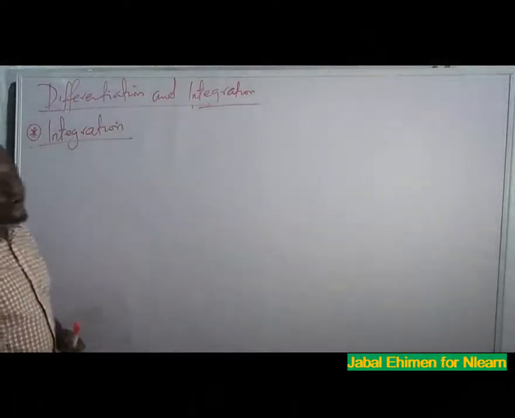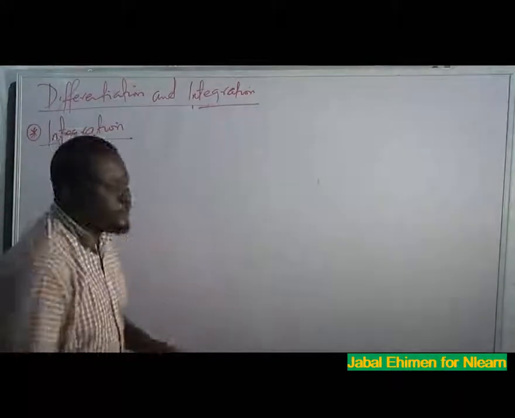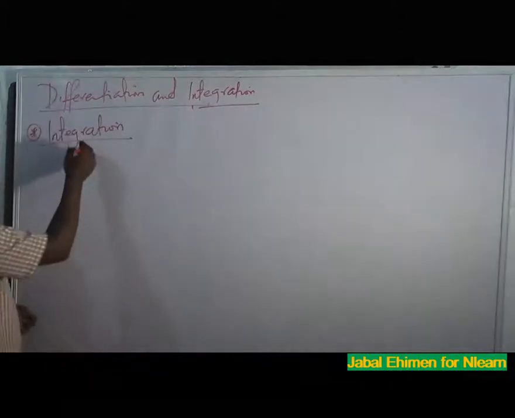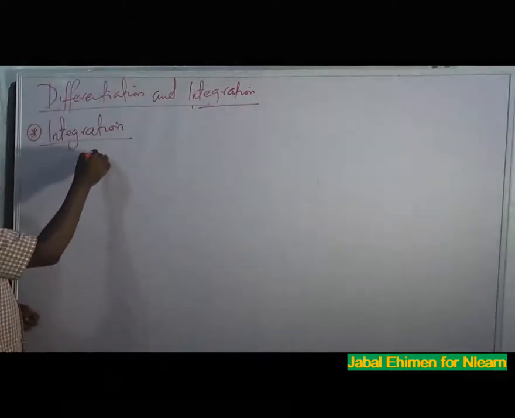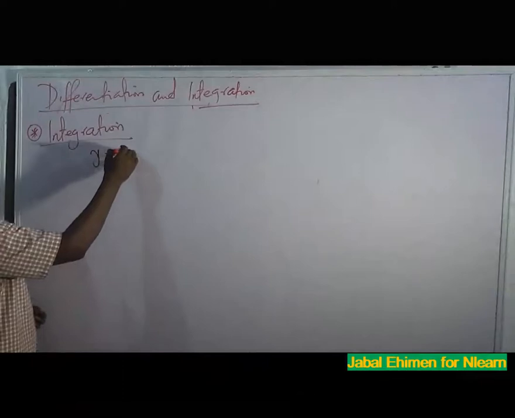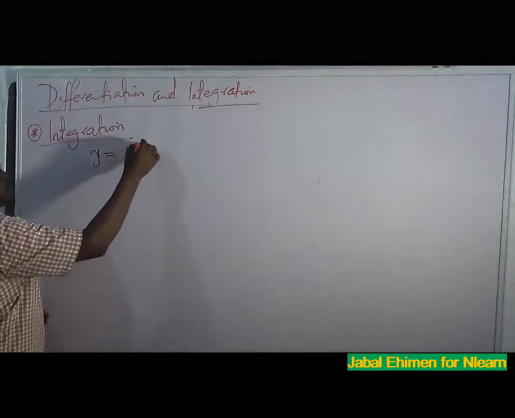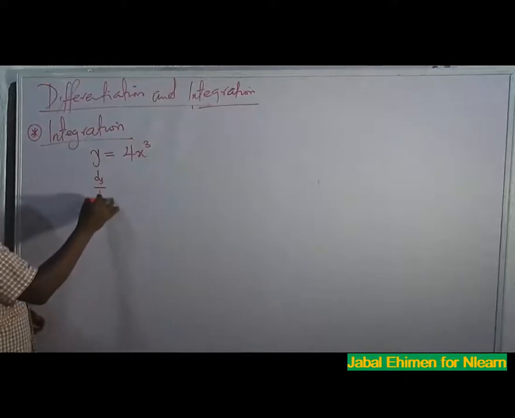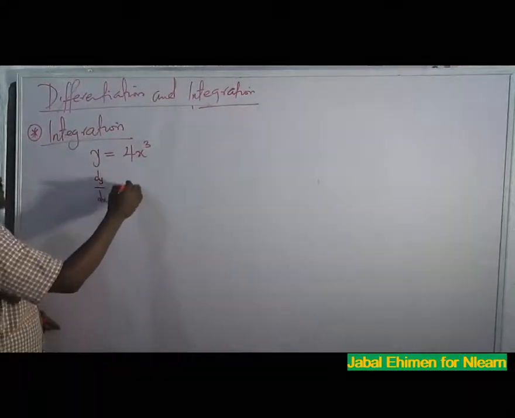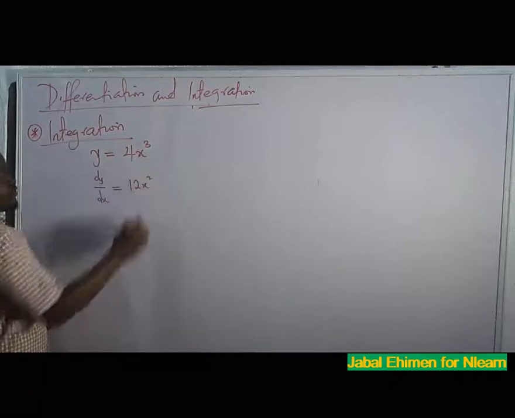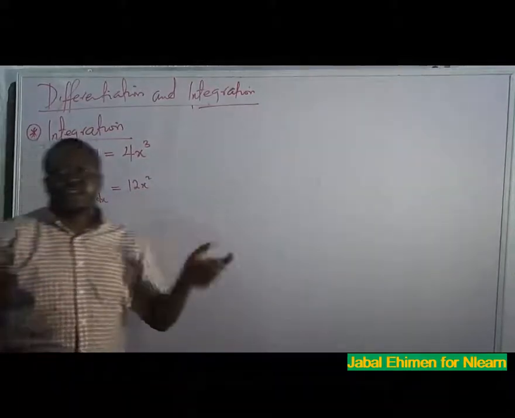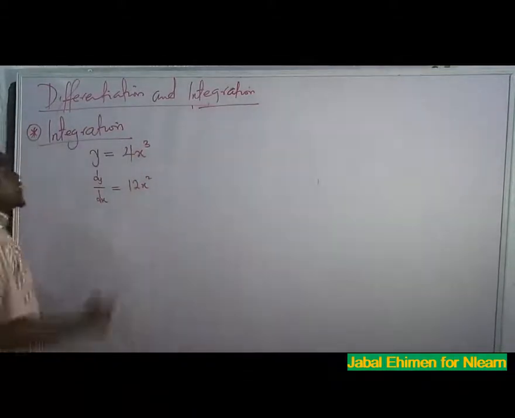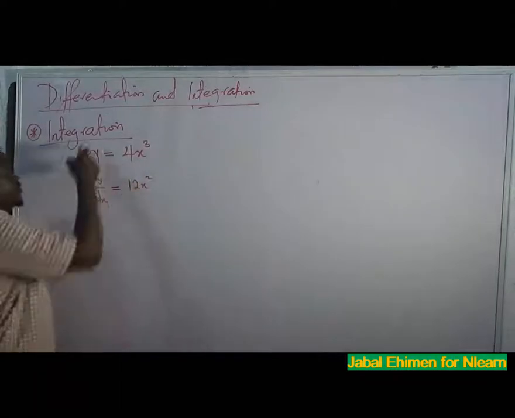For the integral rules, if I give you y is equal to 4x cubed, the dy over dx of this will automatically be 12x squared. That's the dy/dx of that. But I can reverse this value back to get the value of y.